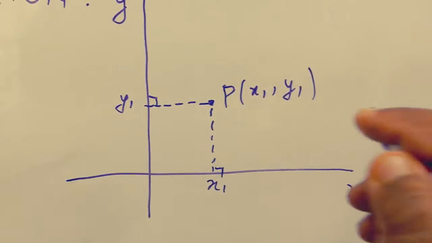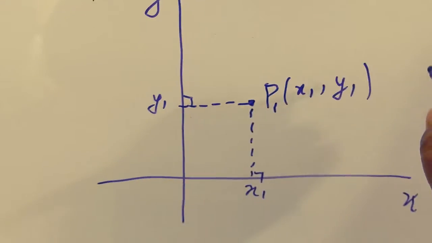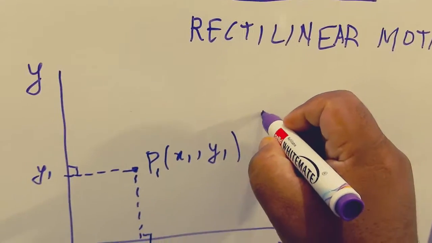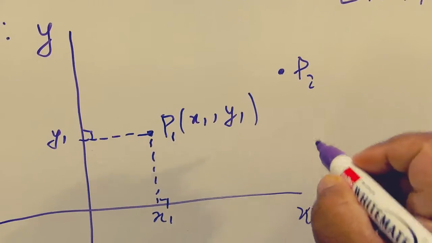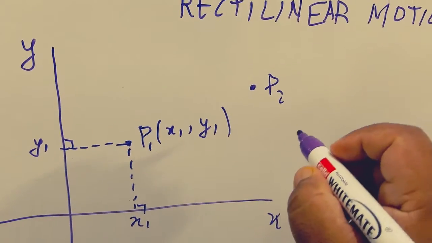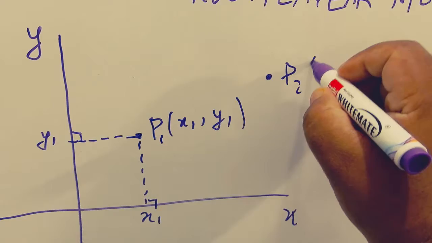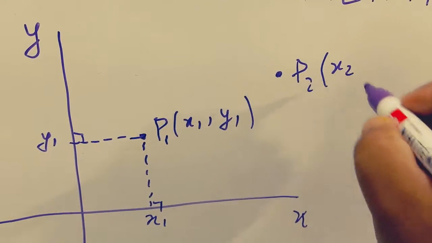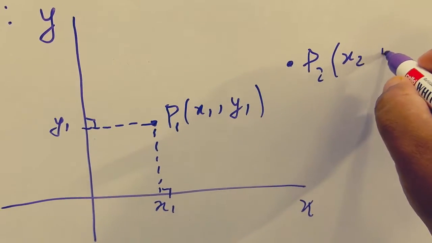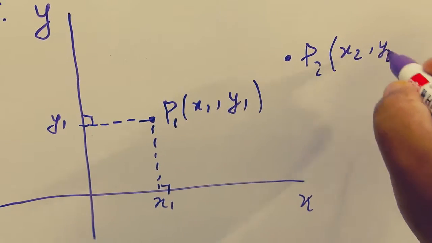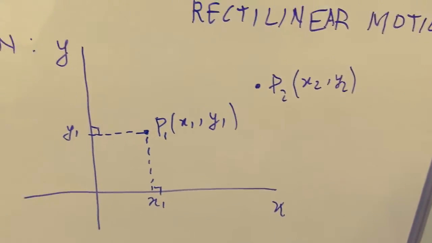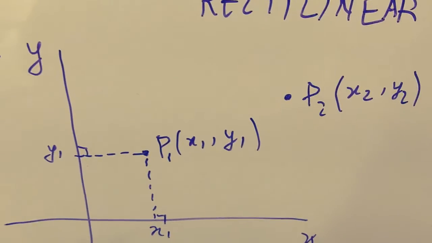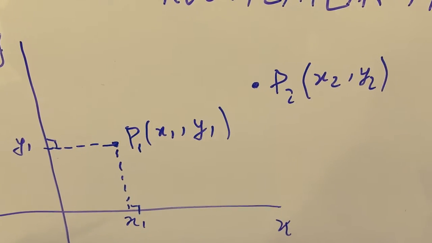Now suppose there is another point here, P2. Similarly, if its coordinate on the x-axis is x2 and on the y-axis is y2, we say that the position of the point is P2 (x2, y2).